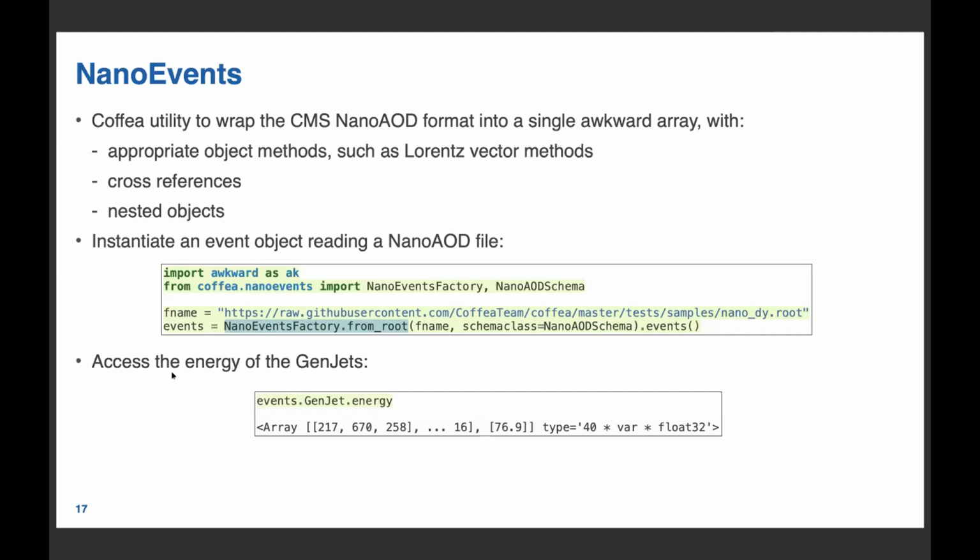At that stage, you have everything available in that NanoAOD provided to you. For example, if you would like to retrieve the energy of genjets, you simply do events.GenJet.energy, and you will have the jagged array that describes the energy of genjets in all the events, already interpreted as an energy in a Lorentz vector that is the genjet in each event.